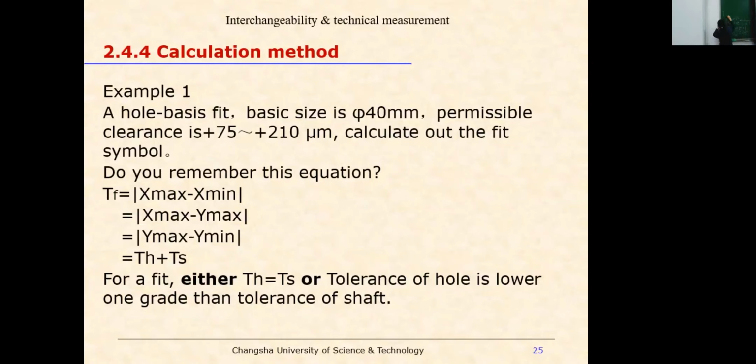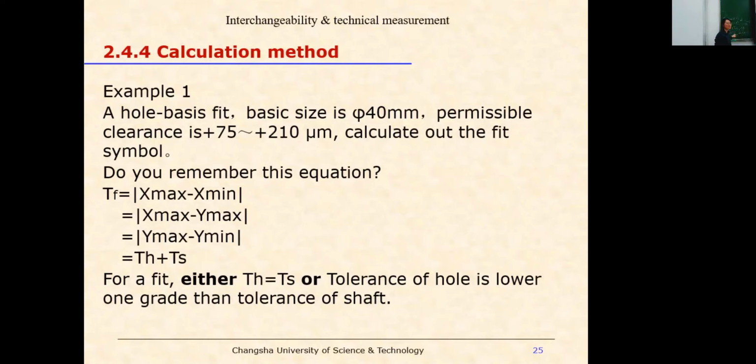We designed the clearance like this, smaller than this one. The cost is the smallest, it's very low, so this one is okay. The pressure is higher, so the manufacturing cost is higher, right? So we design the grade smaller than the maximum and at least larger than the minimum. It's okay, right? Do you understand this one?